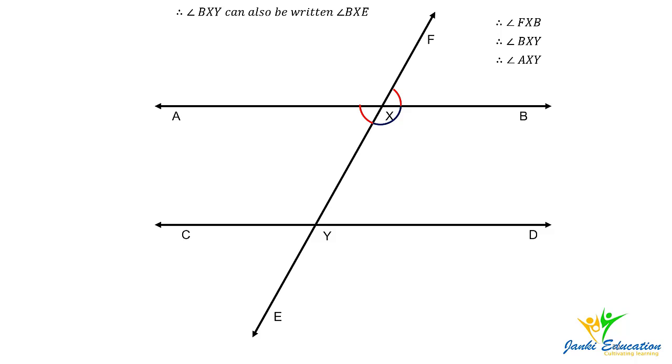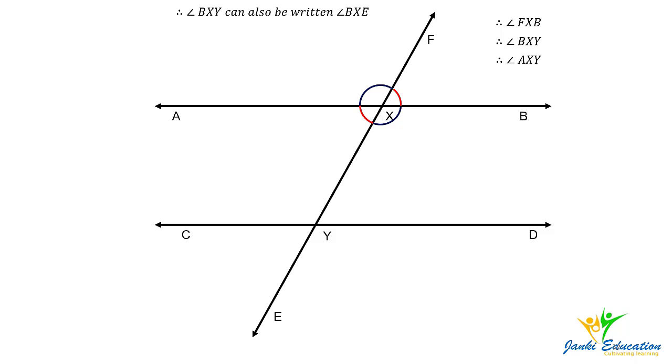But one more important thing, this one, angle BXY, you can also write as angle BXE, because both are the same angle. So sometimes in future in some questions you may come across this situation that angle BXY or angle BXE are the same thing.